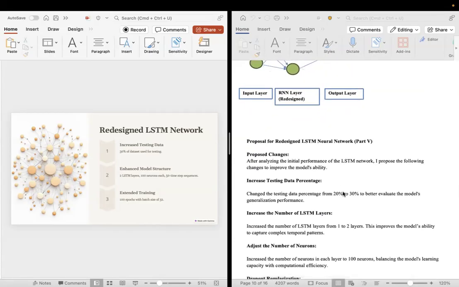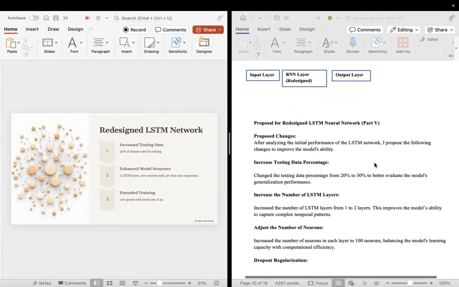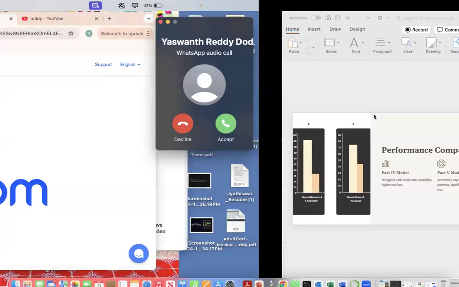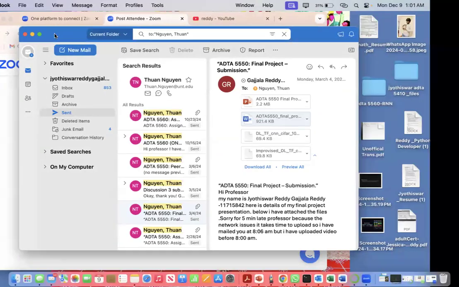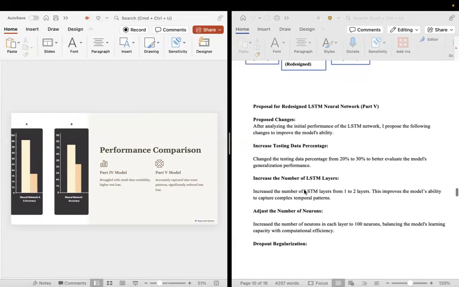Purpose of the redesigned LSTM neural network: after analyzing the initial performance of the LSTM network, I proposed the following changes to improve the model. Increase the testing data percentage from 20% to 30% to better evaluate the model's generalized performance.